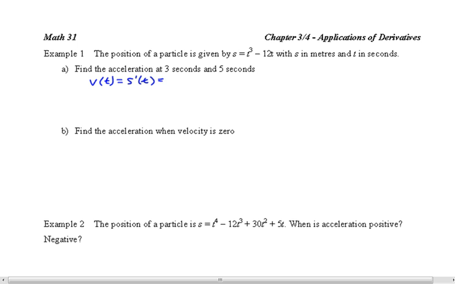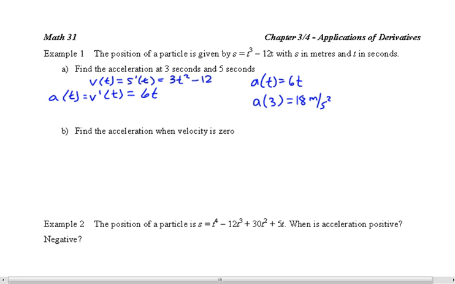Okay, so that gives us 3t squared minus 12, and the derivative of our velocity gives us our acceleration, which is 6t. Okay, so our equation for acceleration is 6t. You found the velocity. So the acceleration at 3 seconds is 18 meters per second squared. And the acceleration at 5, 6 times 5 is 30.